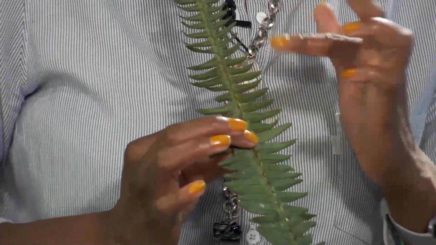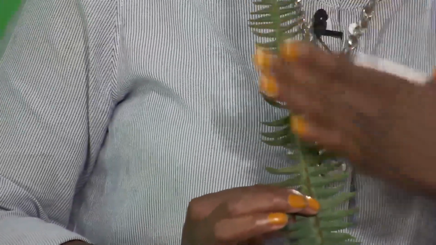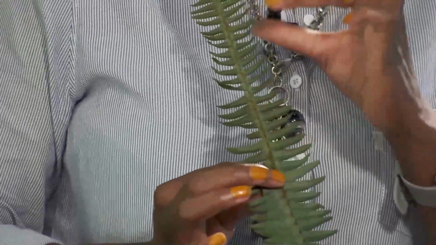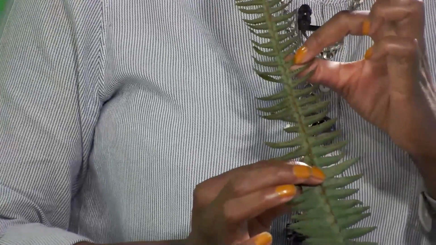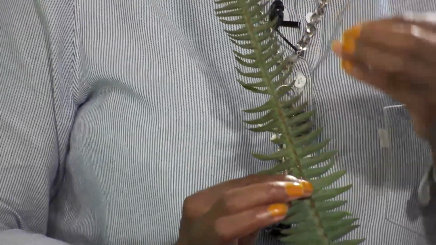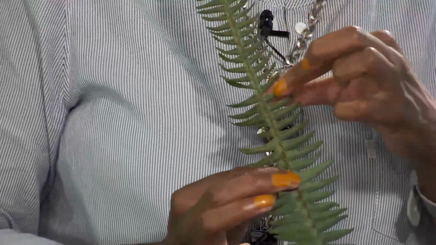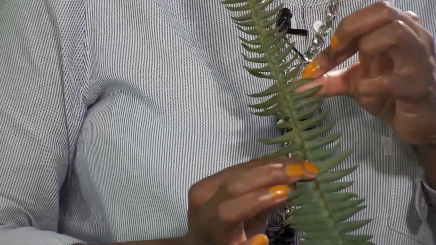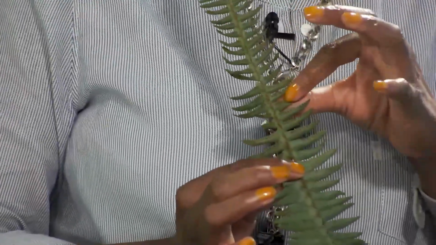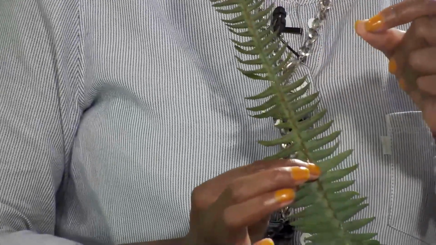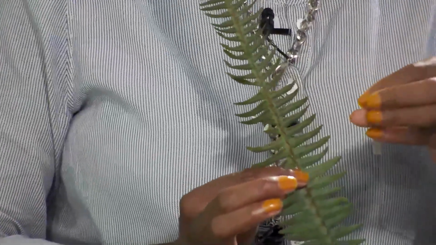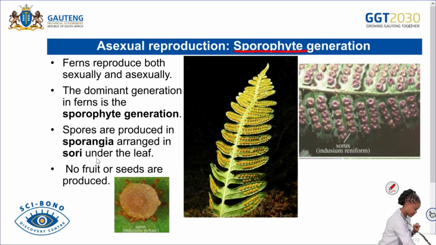These are the sori which are developing on the ventral surface of the leaf. And then inside these sori, that's where the sporangium is situated. The sporangium is the one that is going to contain what? The spores. And the spores are the ones which are going to do what? To reproduce asexually. This is how they look.